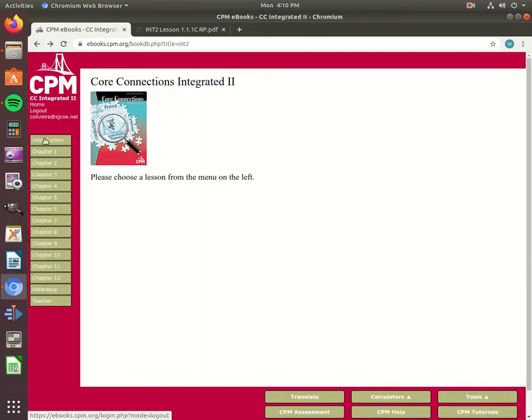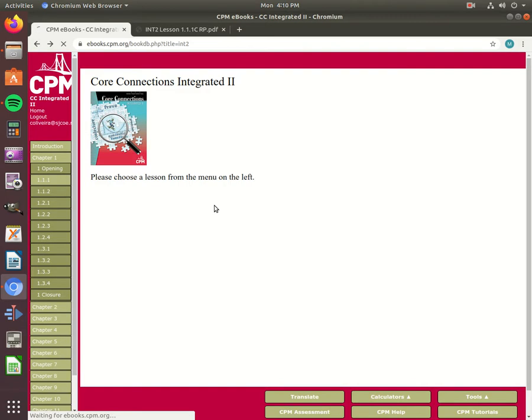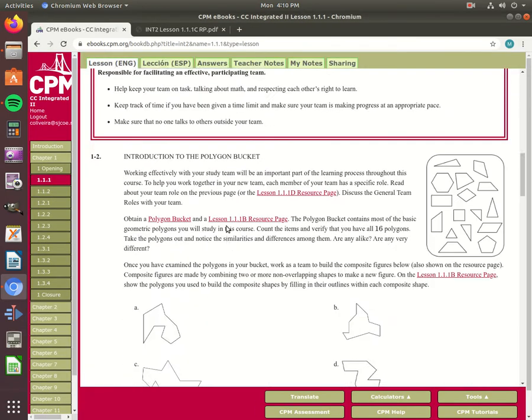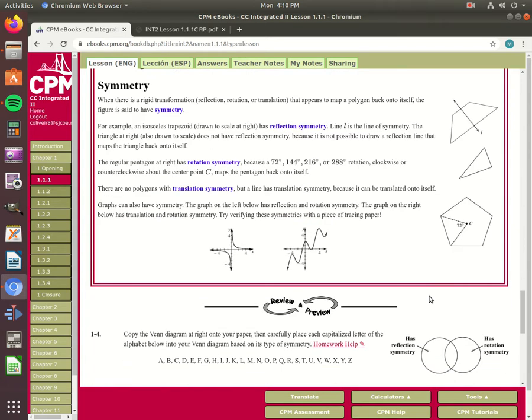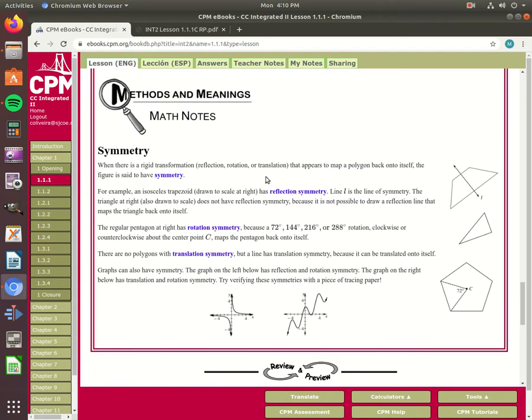And finally, the last one that we're going to do here is how would we categorize has reflection symmetry and has rotation symmetry. So for that, hopefully we remember this from Integrated 1, where reflection symmetry meant it was almost like a mirror, or if you cut it in half down the middle, it could overlap on each other.